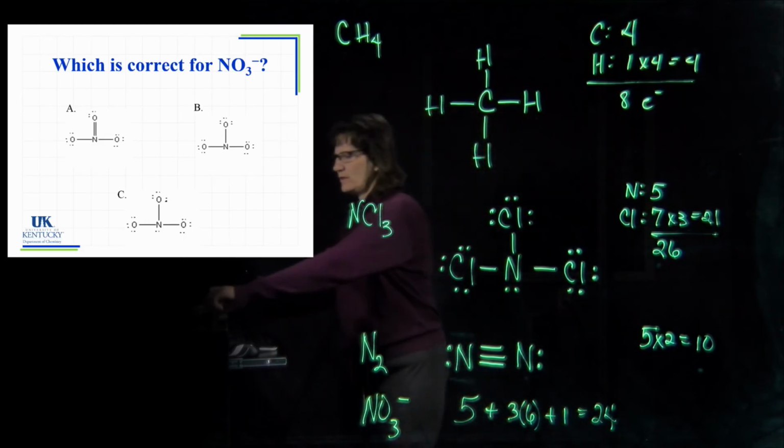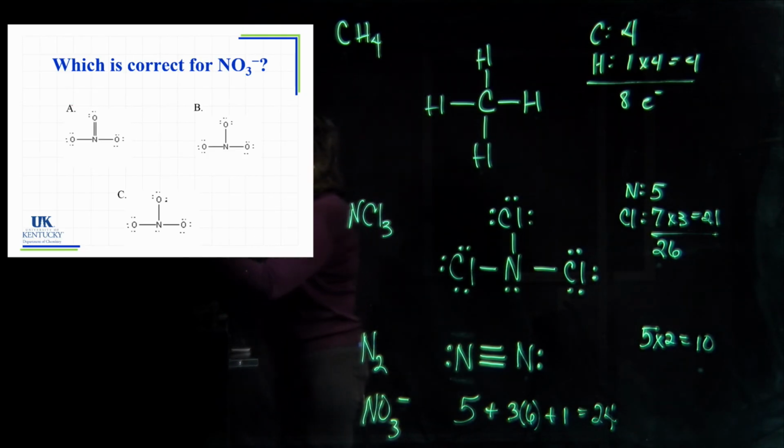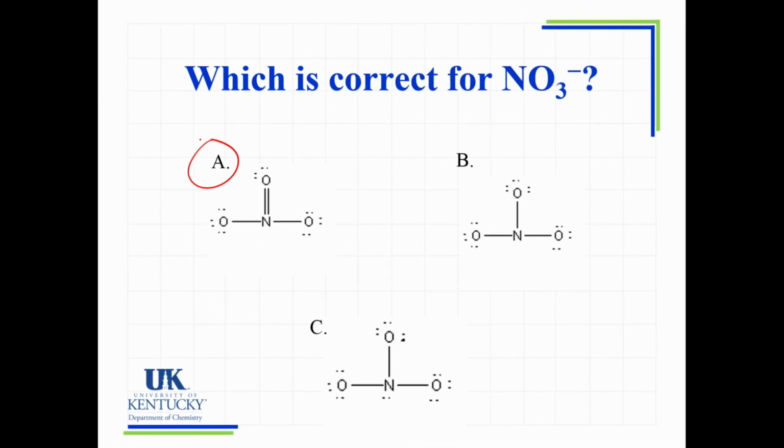All right, so let's go to the screen here and let's say you picked A, or you at least now know it is A. There's one last thing that we really should add when we're doing a Lewis structure that is not showing up on here and I haven't talked about yet, and that is that when you have an ion, you should put square brackets around your Lewis structure and put the charge outside of that.